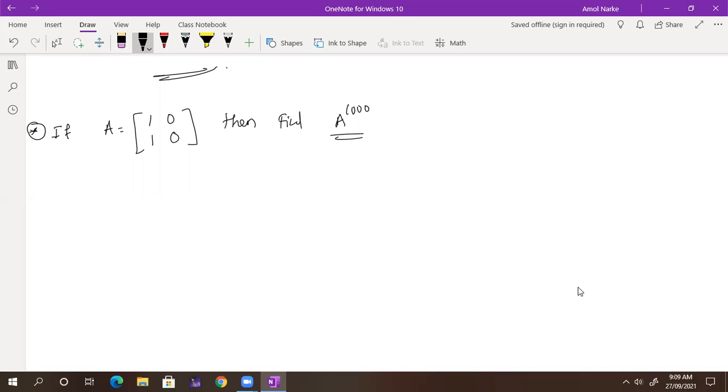Try to solve. So would it be the identity only? Yes, that's a correct one. It's an identity matrix. How do you solve this?